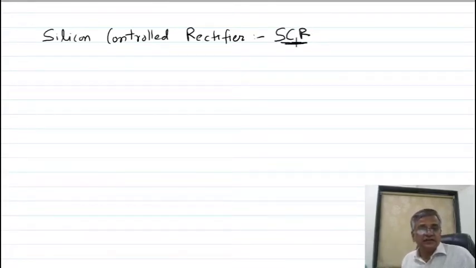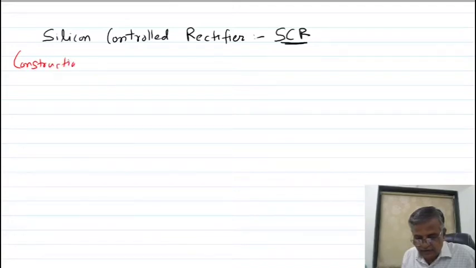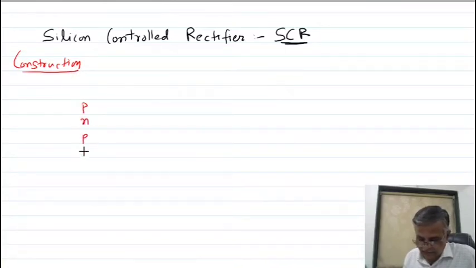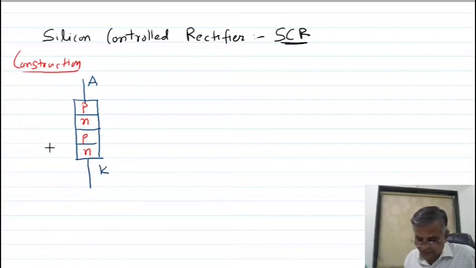SCR is a 4-layer semiconductor device, PNPN, and it has 3 terminals. One is known as anode, second is known as cathode, and third is your gate.